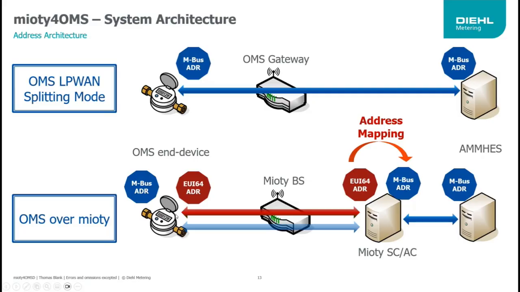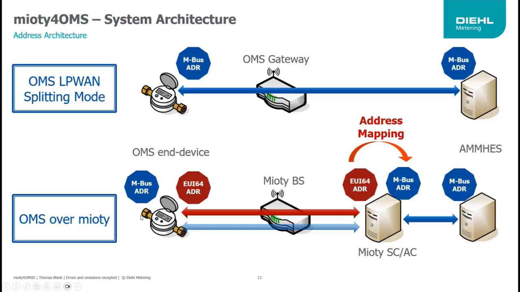And that means it will be forwarded via radio and the mioty base station to the mioty service center and application center. And what needs to be done here is the address mapping. That means this EUI-64 address needs to be assigned to this MBUS address.